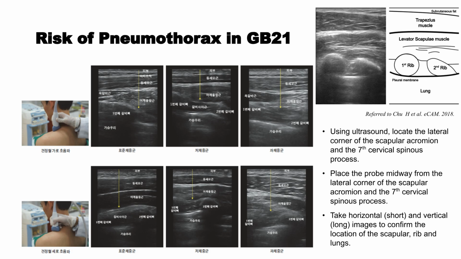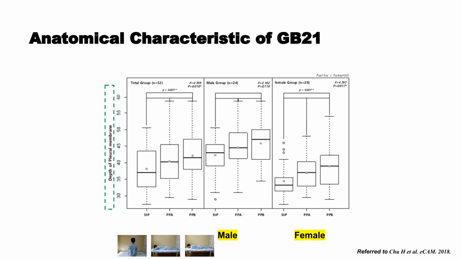An ultrasound image of the GB21 area shows the trapezius and levator scapulae muscles in the shallow layer, the first and second ribs deep to those, and then, right underneath, the lungs. Because of this anatomy, we created guidelines using ultrasound monitoring for safe needling. We even investigated how needling risk varies depending on the patient's posture and gender.